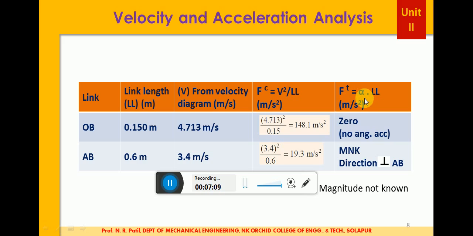If you know it, you can get the tangential component, but since it is not given, it will be 0. There is no angular acceleration in this case because the link is rotating at constant velocity or speed. So after preparing this table, let us try to draw the acceleration diagram.